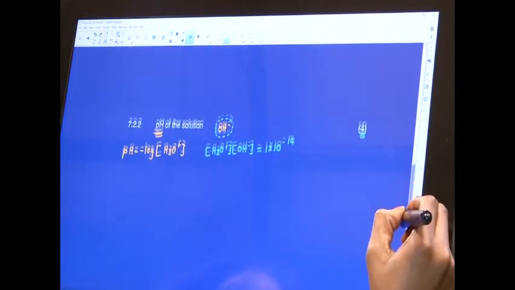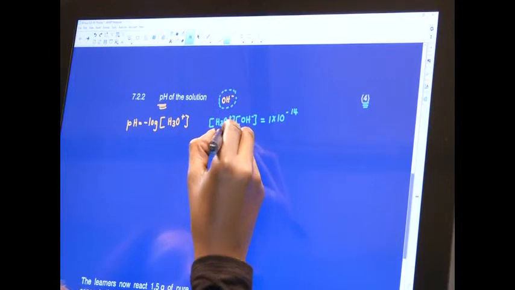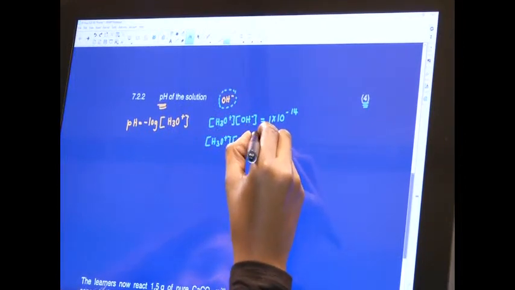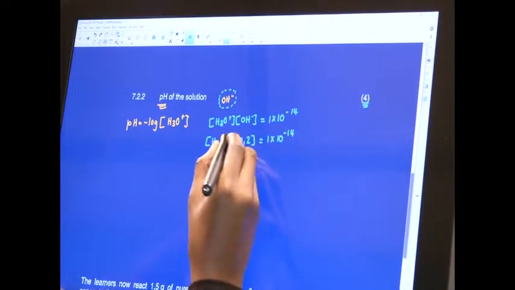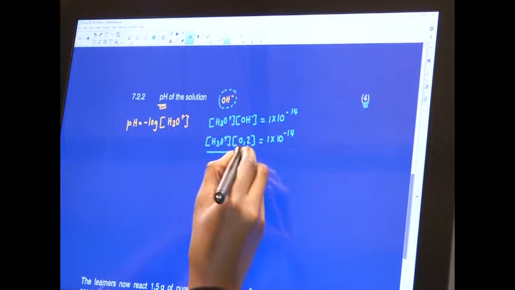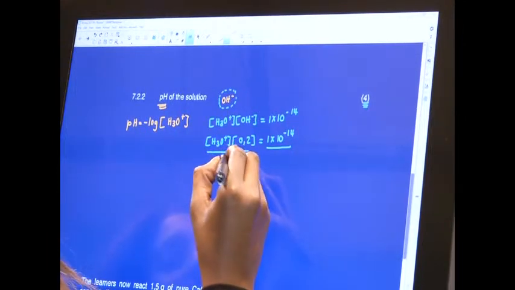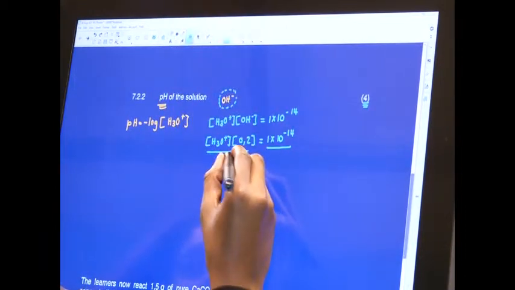And NaOH is a base. So I'm going to keep that there, H3O plus, and this was 0.2. This is then just mathematics. 1 times 10 negative 14. To get the H3O plus by itself, I divide both sides by what is bothering it. In this case, it's the concentration of 0.2. Let me write that one properly.